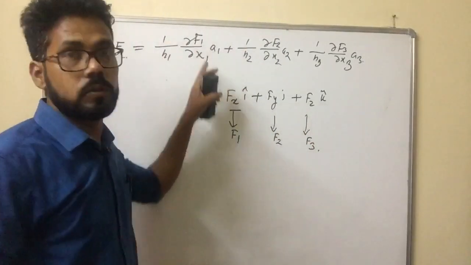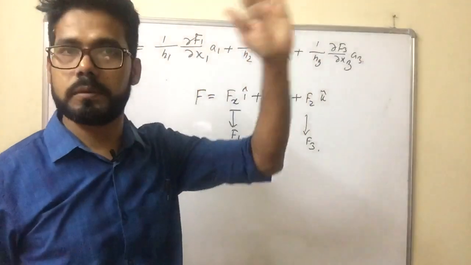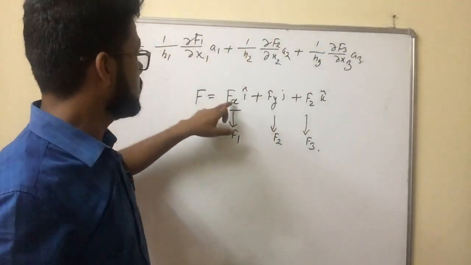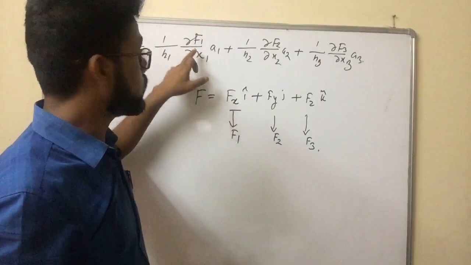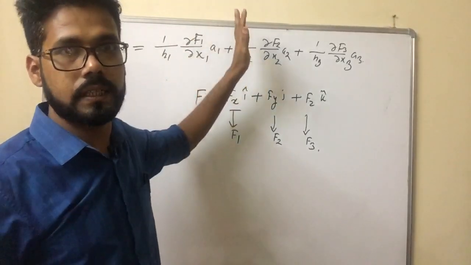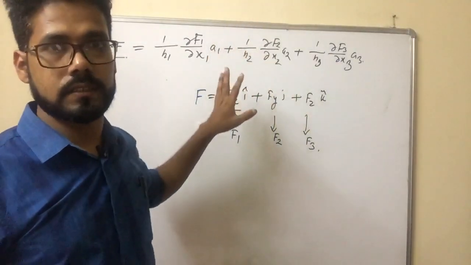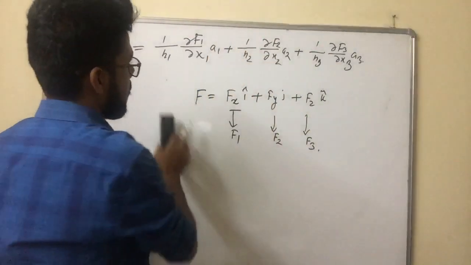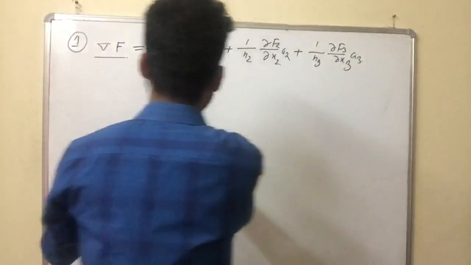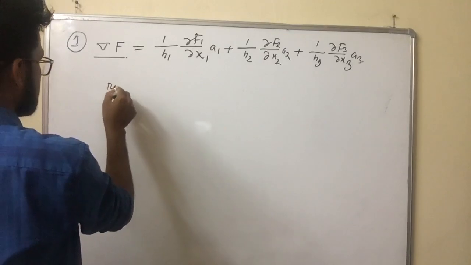If you are confused, you can simply write f also, no problem, because the first term is going to take the derivative with respect to x. So if you add any number of parameters, it does not affect the differentiation result. Now, how can you remember? Now I am going to use the rectangular system.